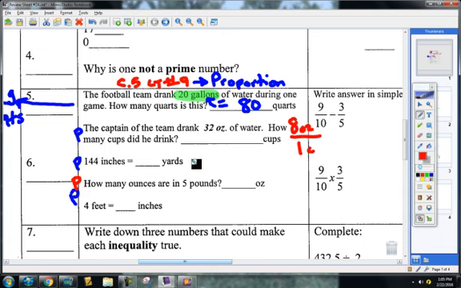There are 36 inches in 1 yard. Okay? There are 16 ounces in 1 pound. Okay? And finally, this one's an easy one, but there are 12 inches in 1 foot.